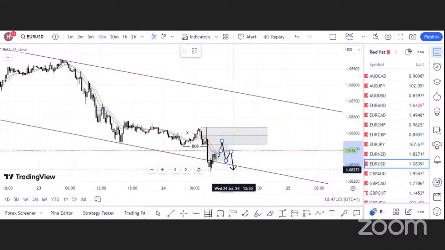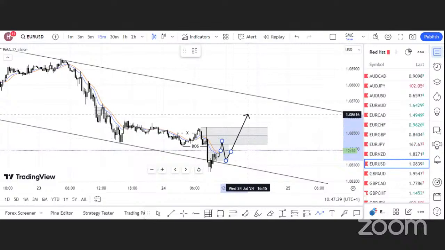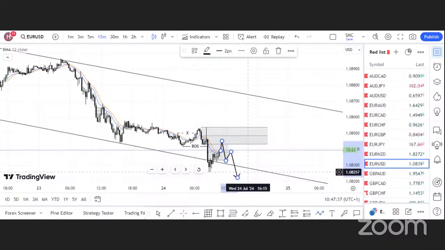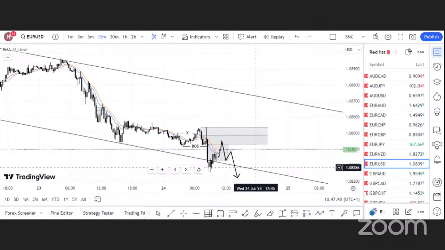This market can actually do something like this, even if it's going to continue to go up. But I doubt this is going to go up. I think this market will just continue to trade to the downside. So I think this is what is going to happen in the market.